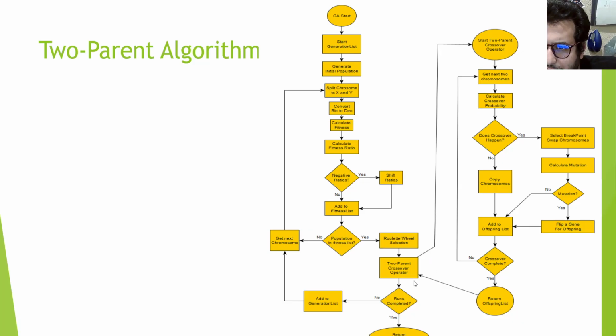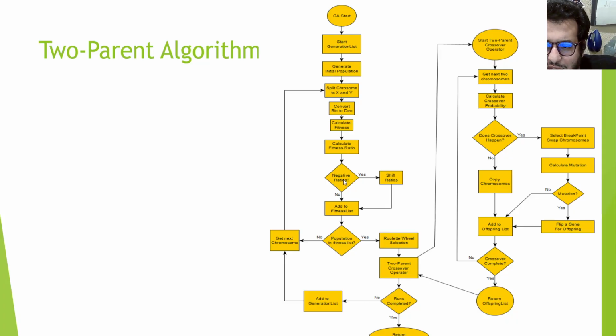So all the other steps are basically the same. We start the generation list, we generate an initial population, we split the chromosome to an X and a Y for the function. We have to do things like converting the binary string to decimal values, calculate fitness based on the function. We'll calculate a ratio. We'll compare the ratios.